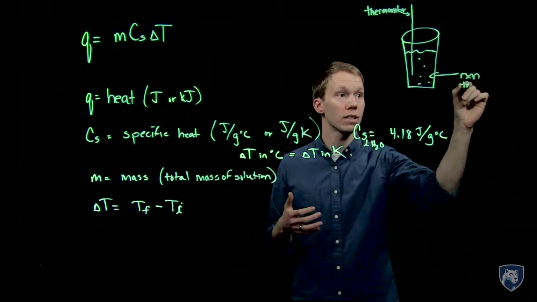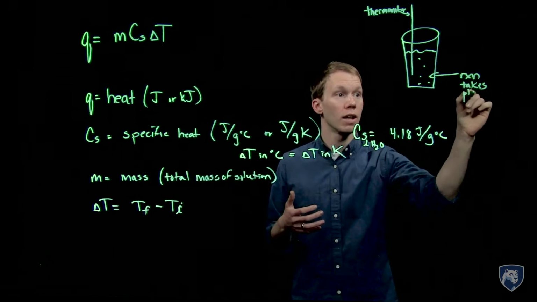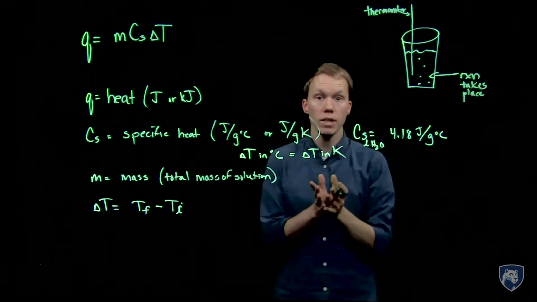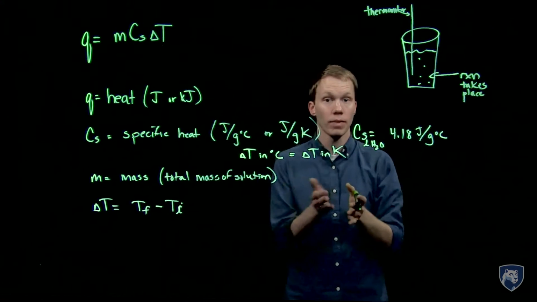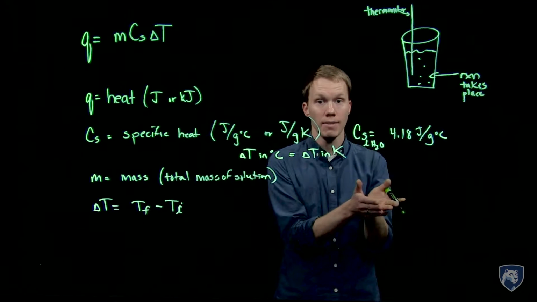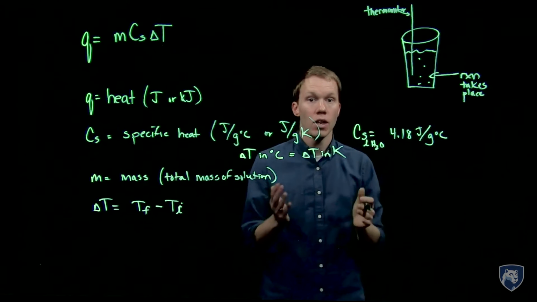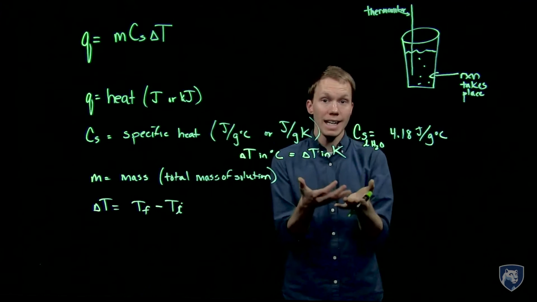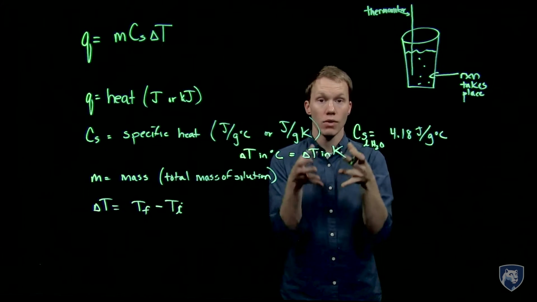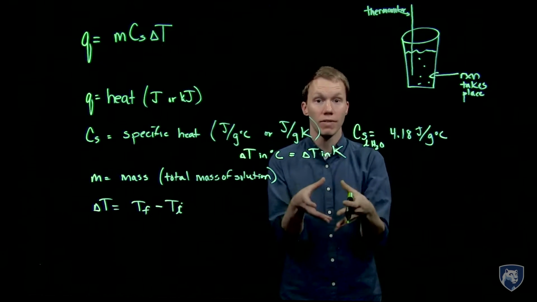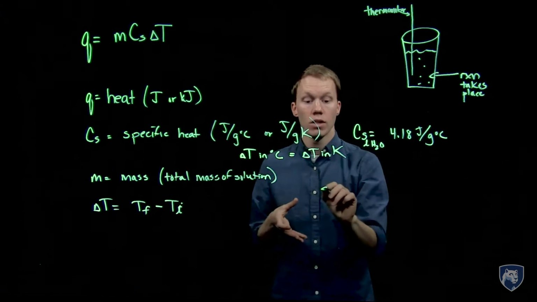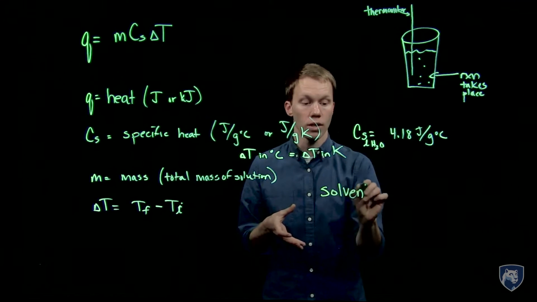The reaction takes place here. And we have to remember to differentiate the system, the chemical reaction that I'm studying, versus the surroundings, everything else. So the chemical reaction is taking place within this solvent, and so that solvent then would be defined as the surroundings. So that's something very important.